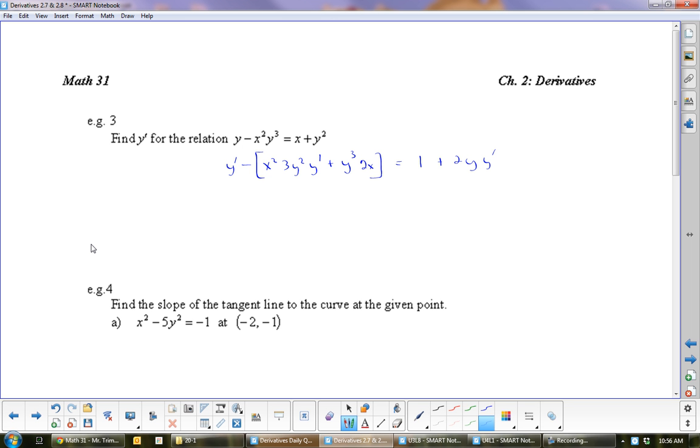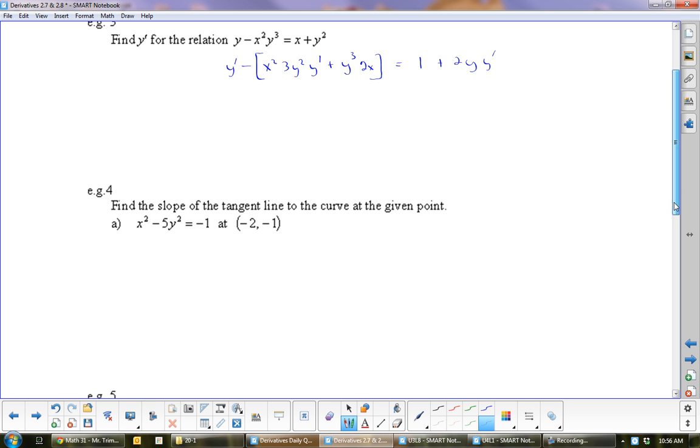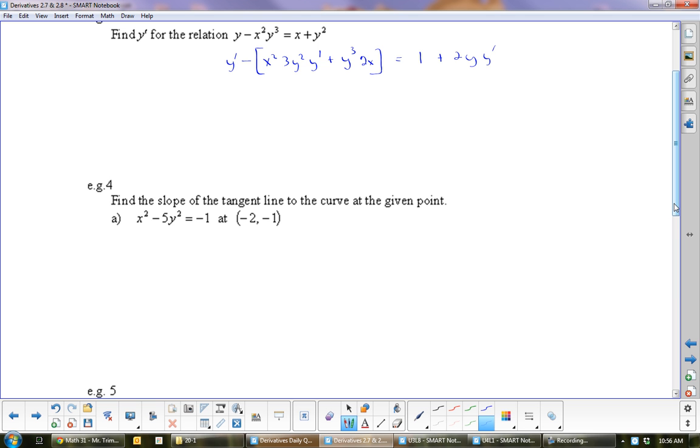Now, let's just get rid of the brackets. x squared 3y y prime minus y cubed 2x equals 1 plus.